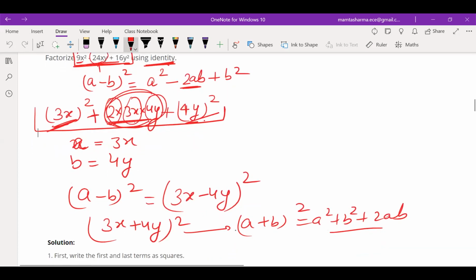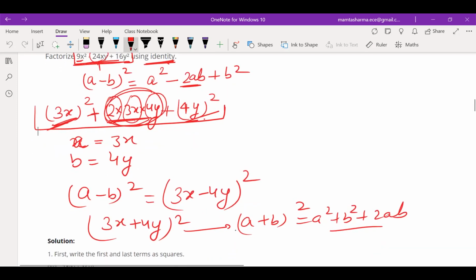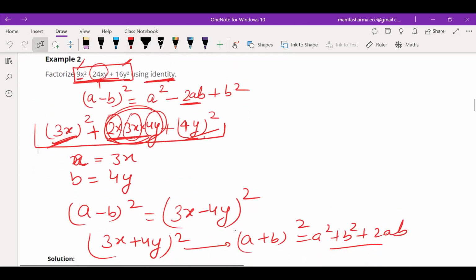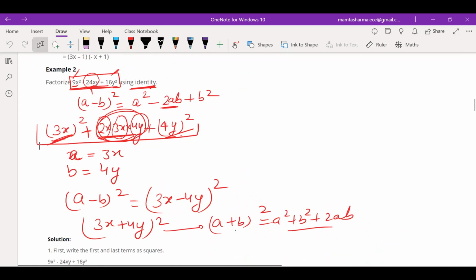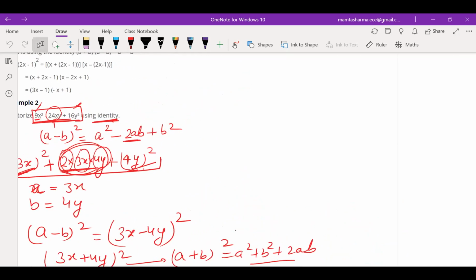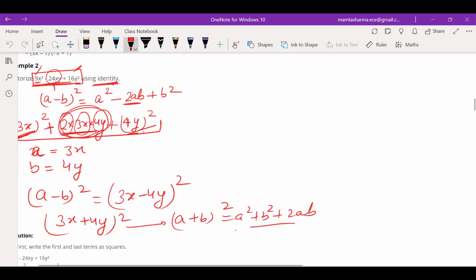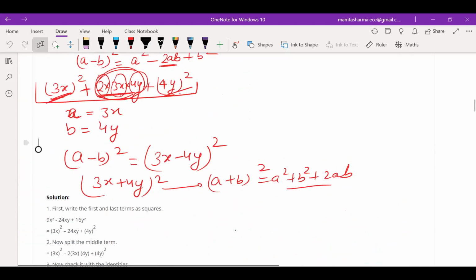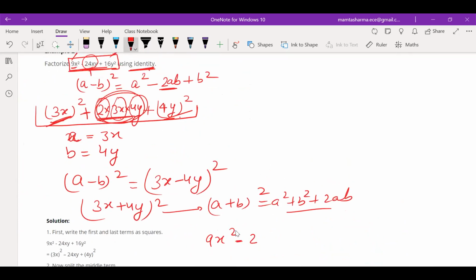Ma'am, can we also do it by regrouping the terms? The same question by using regrouping? See, we can solve it by regrouping, but it will be difficult. That's why we are using identities.